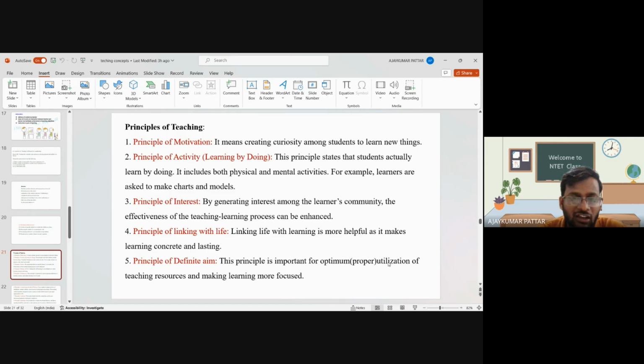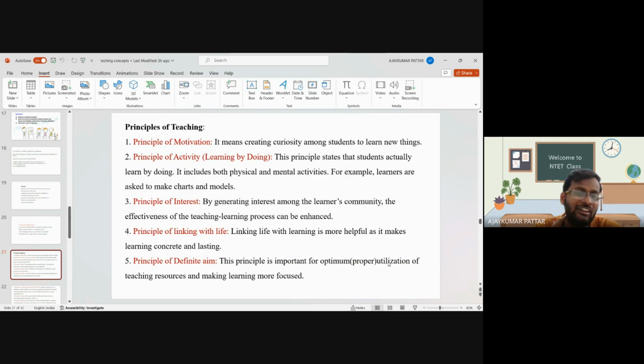For example, departmental activities we give to students, make models on this topic. So that is also learning in students. By giving activities, learning will happen. The student will learn by doing this type of activities. That is the principle of activity, learning by doing.